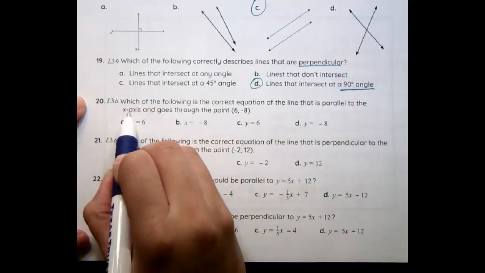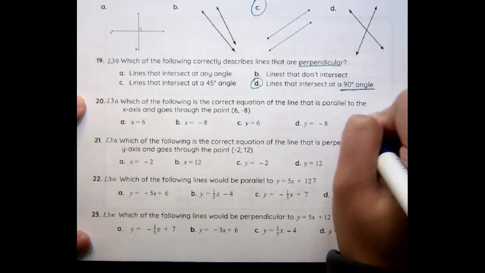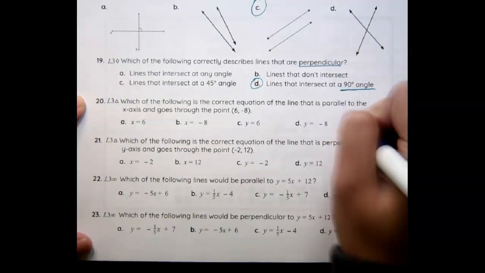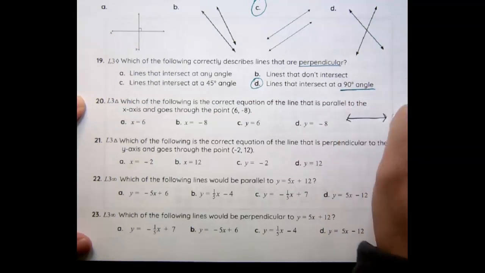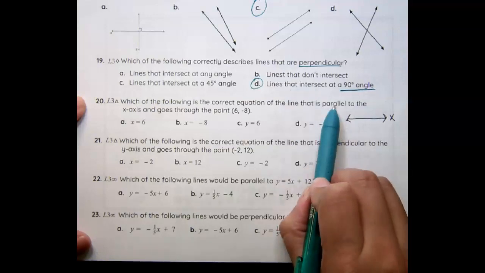So I start with the x-axis. So I'm going to draw what my x-axis looks like. We just answered that question in number 16. When I draw this line, I'm going to label it x because that's my x-axis. Now, I start with that one, but I'm going to write my equation based on the line that I draw next. Because now they said I need to write the equation of a line that is parallel.